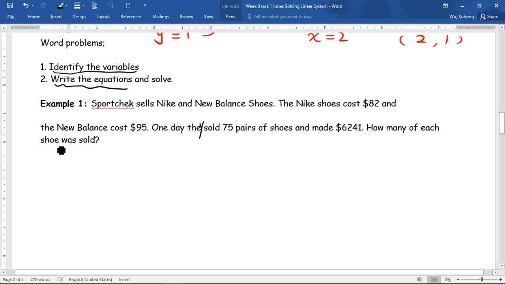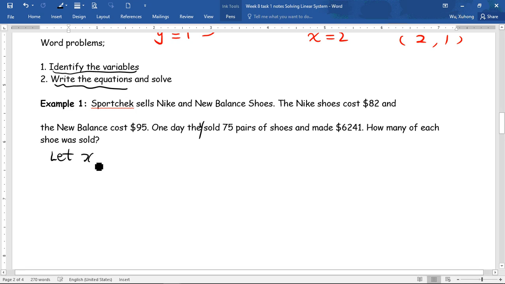So introduce variable, then the clue is what it's asking you. It's asking you how many of these shoes were sold. Then we are going to introduce a variable like x represents the number of Nike shoes sold.